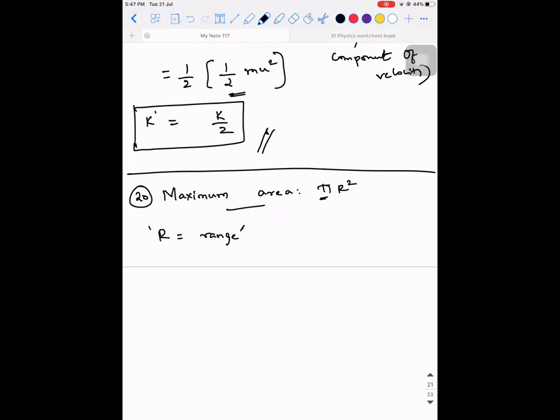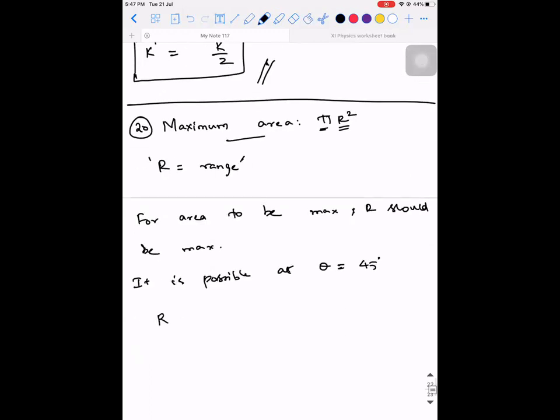Area will be maximum only when r is maximum. When is r maximum? Theta is 45. That's it. For area to be maximum, r should be maximum, and it is possible at theta equal to 45 degrees.